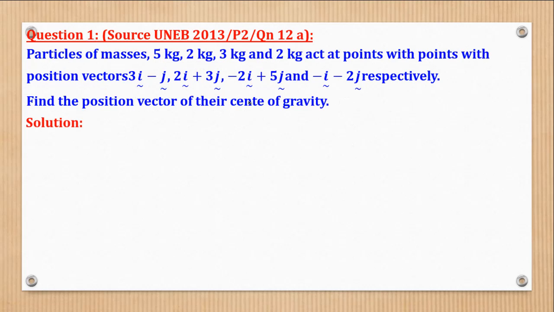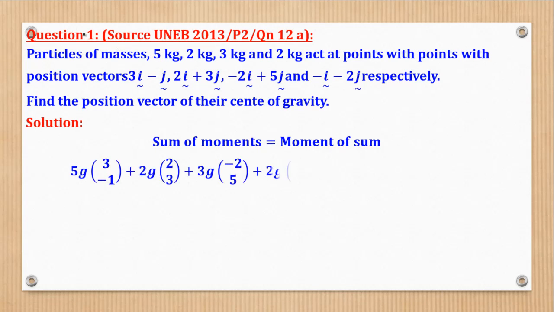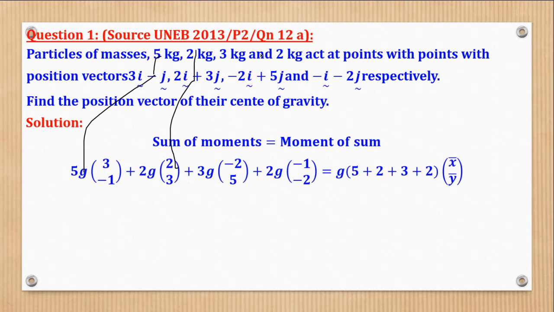So we shall recall that sum of moments is equal to moment of sum. Sum of moments, you add up all the particles, this with this, this with this, this with this, and this with this. Then moment of sum, you add up all these masses.